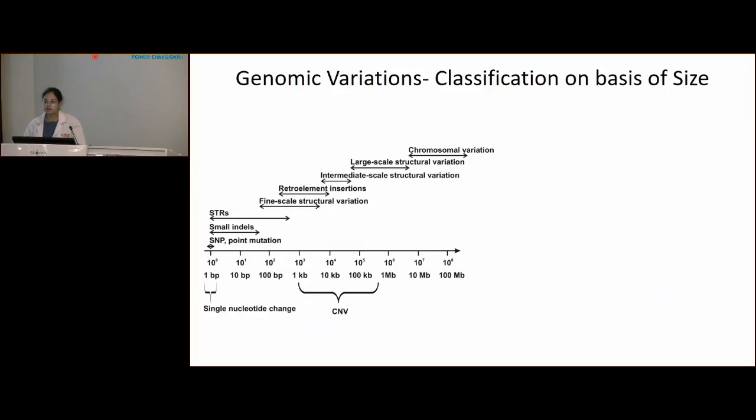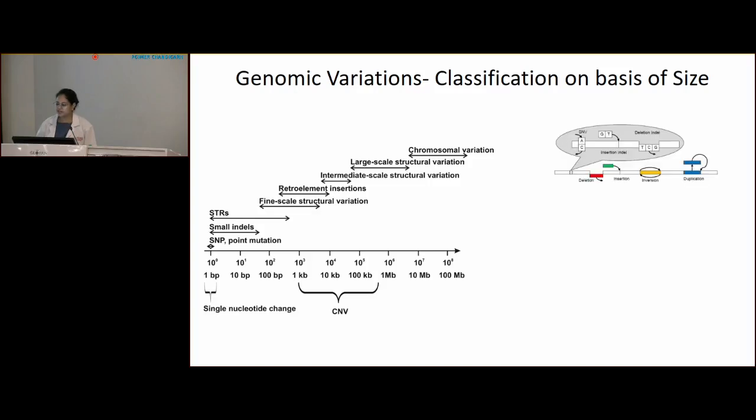For example, a single nucleotide change is commonly known as point mutation. And there is the term indel, which is commonly used for deletion insertion, which could be a few base pairs to a few kbs. And then come the structural variations that have different ranges from a few kilobases to hundreds of MBs that are called chromosomal variations.